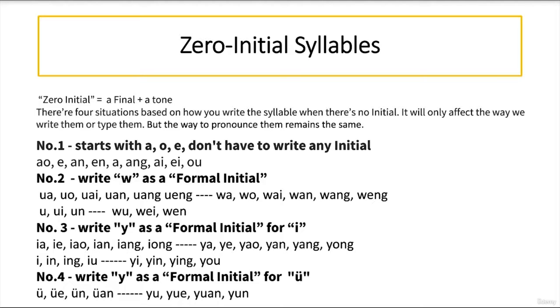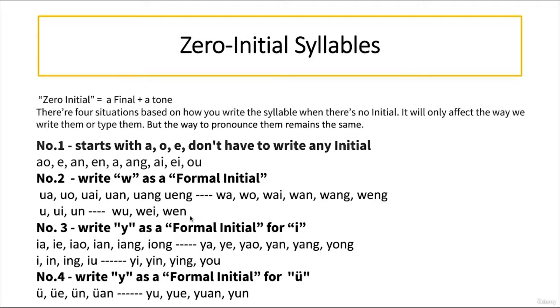For Wa, Wo, Wai, Wan, Wang, Weng, they will become Wa, Wo, Wai, Wan, Wang, Weng, and Wu, Wei, Wen. We'll write them as W-U, Wu, W-E-I, Wei, and W-E-N, Wen.